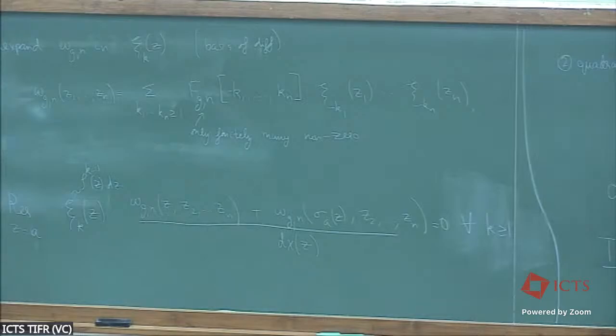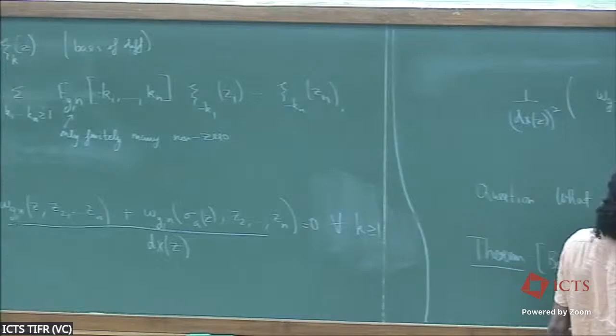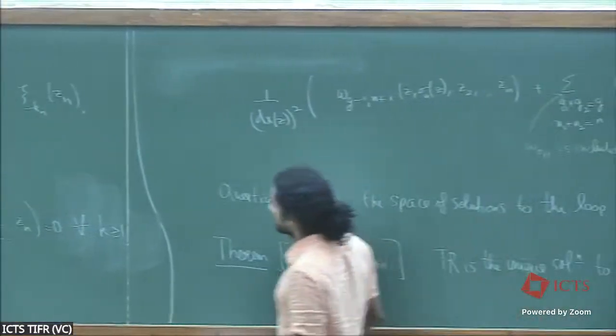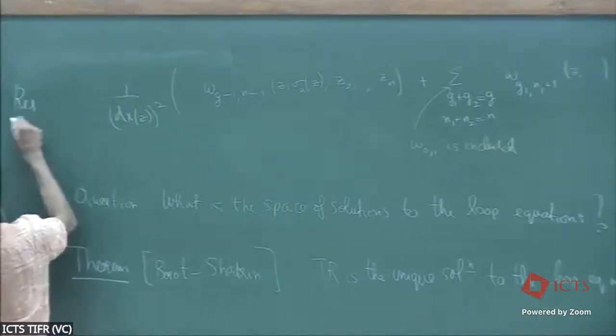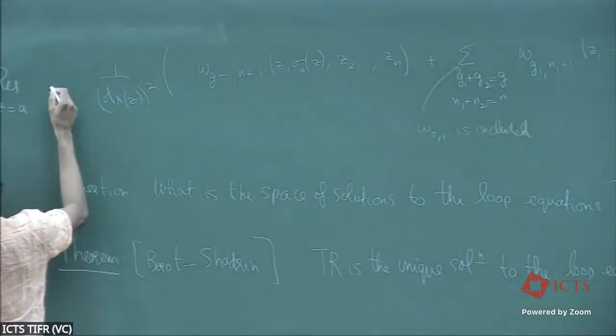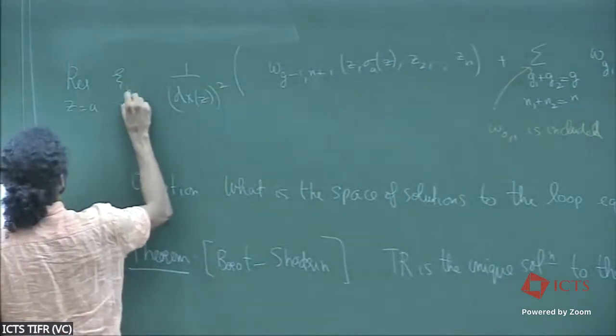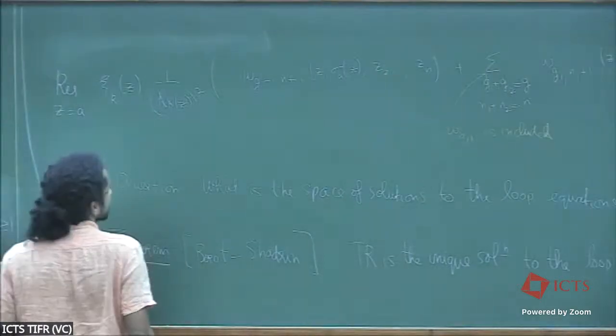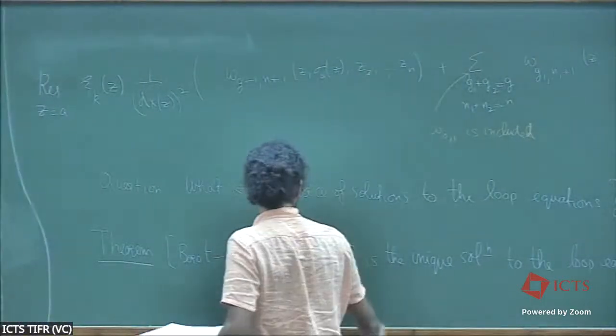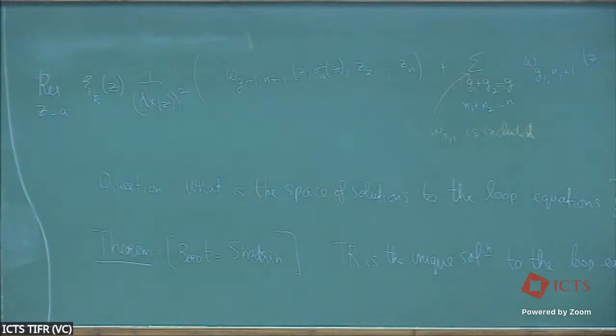I do the same thing for the quadratic loop equation. So it's 0 if it's of Airy type.